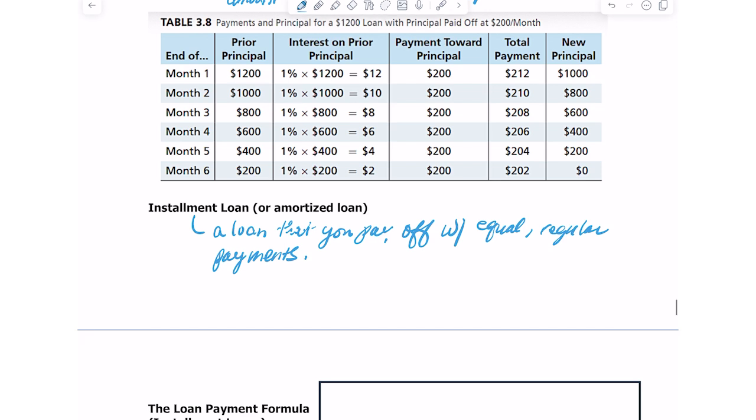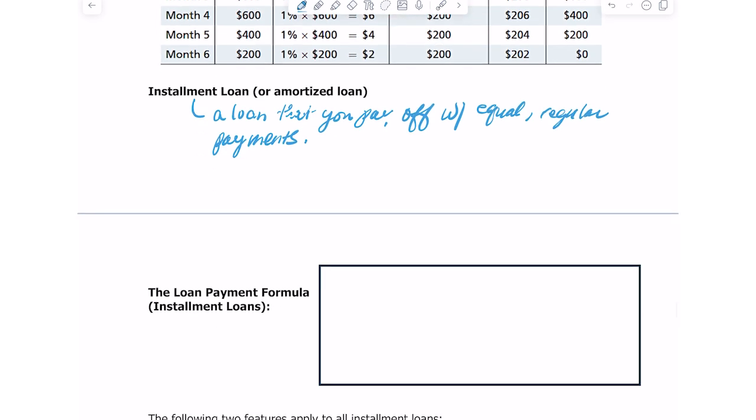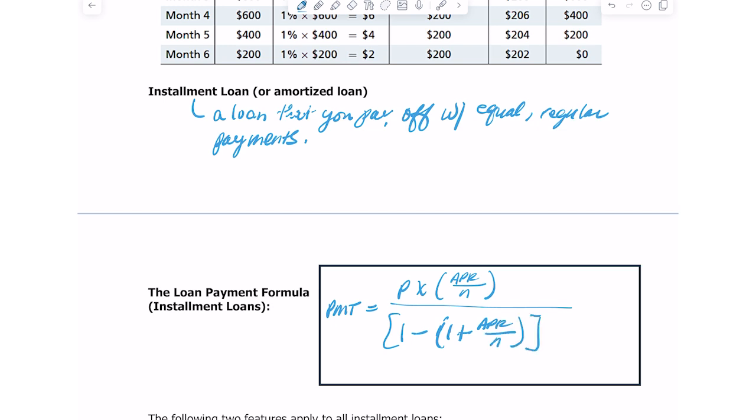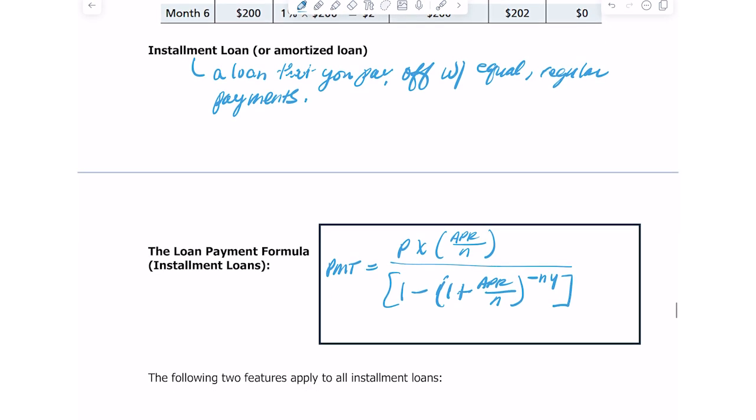There is a formula that we can use to calculate loan payments: PMT equals the principal times the APR divided by N, divided by 1 minus (1 plus the APR over N) to the power of negative N times Y. PMT stands for regular payment.